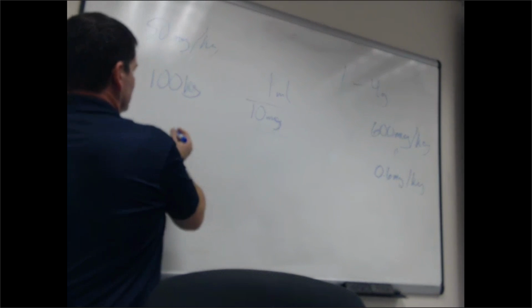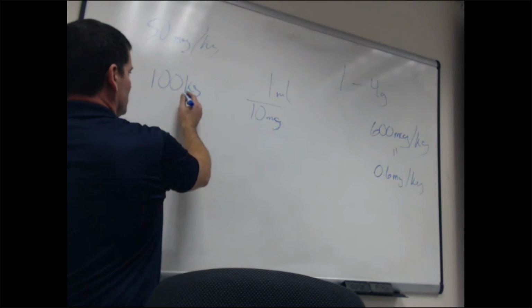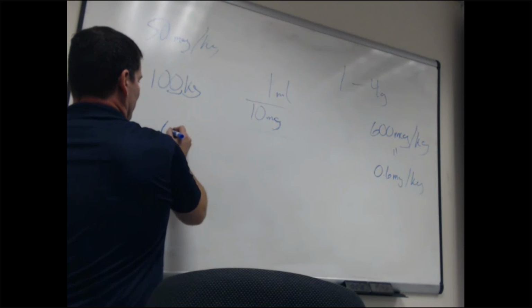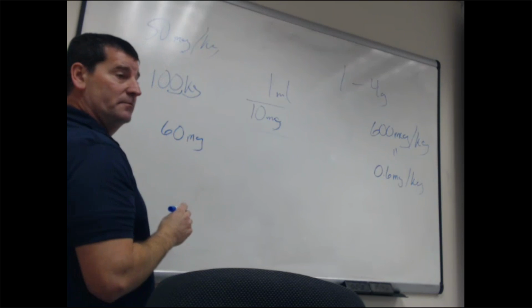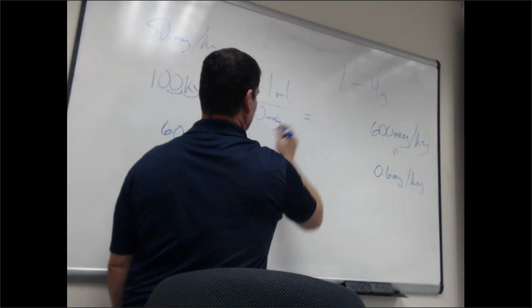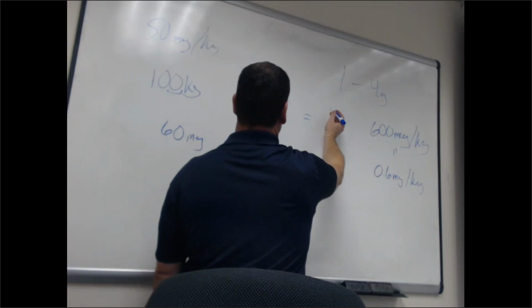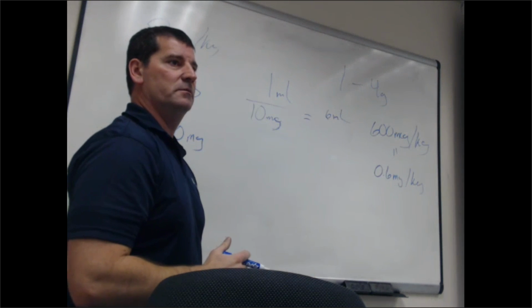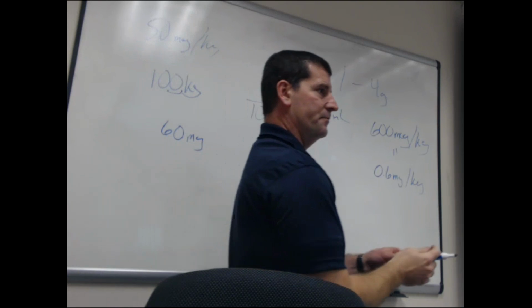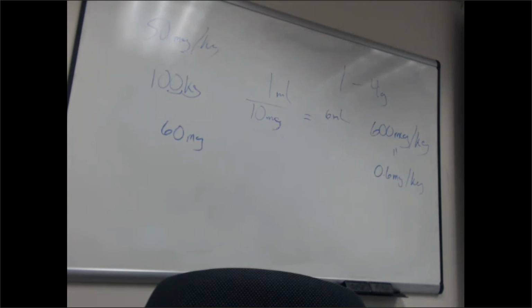I multiply by 0.6, moving the decimal point over, so I've got 60 milligrams as my dosage, right? So how many mils? Pretty easy? Okay. So is there an advantage to memorizing that dosage in the micrograms versus 0.6?